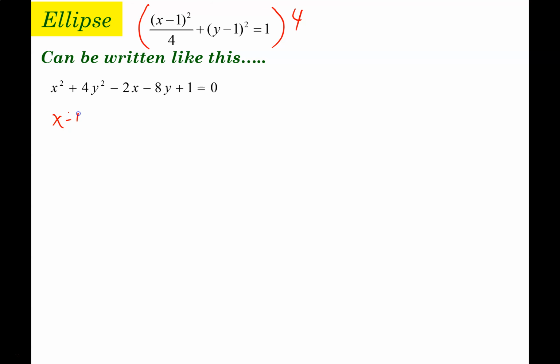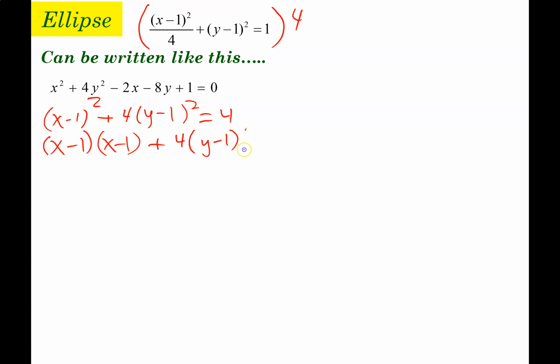And we're going to have (x minus 1) quantity squared plus 4 times (y minus 1) quantity squared is equal to 4. Make sure you have that, please. And then you could go ahead and expand or multiply this bad boy out. All right, so make sure you do all of that. Oh, snap. Negative 2x.